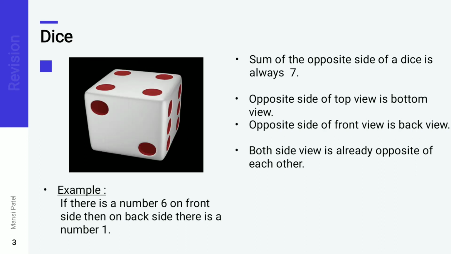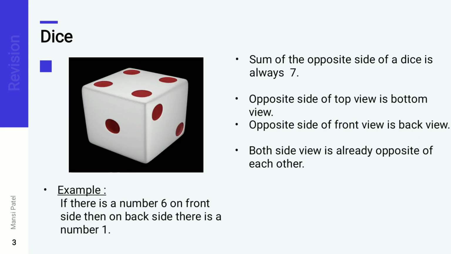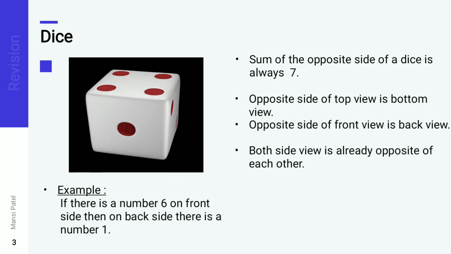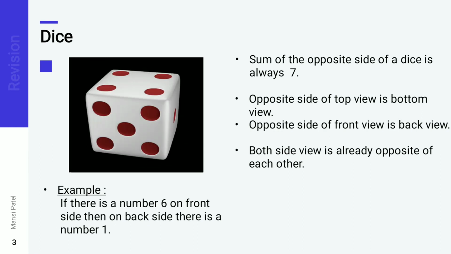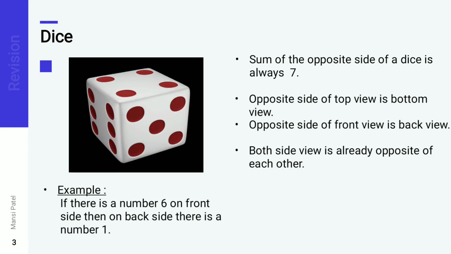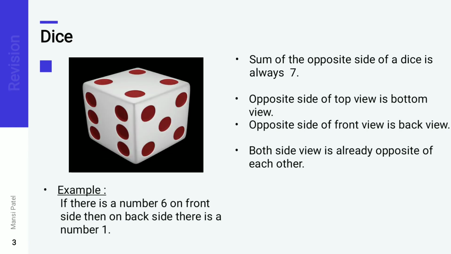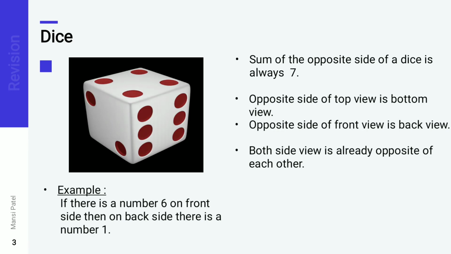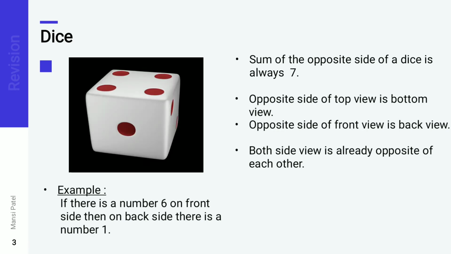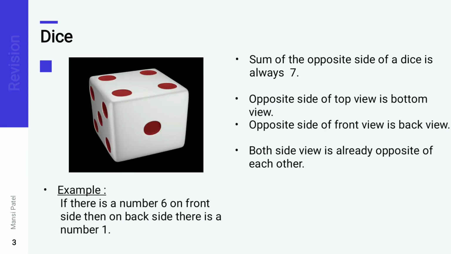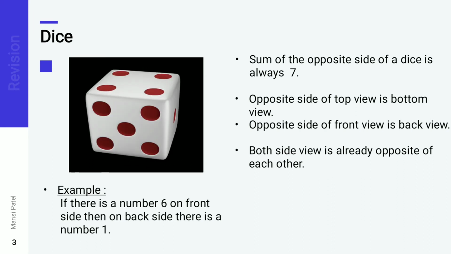So if there is number 6 on the top side, then which number added to 6 gives you 7? Yes, 1. So the opposite side of number 6 has number 1.